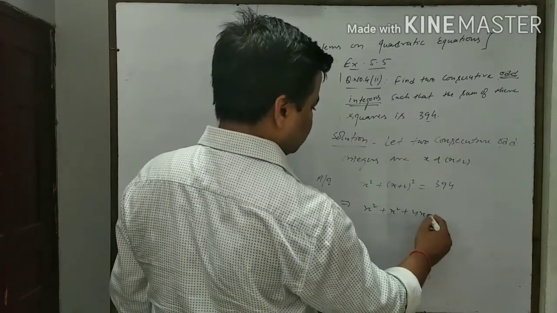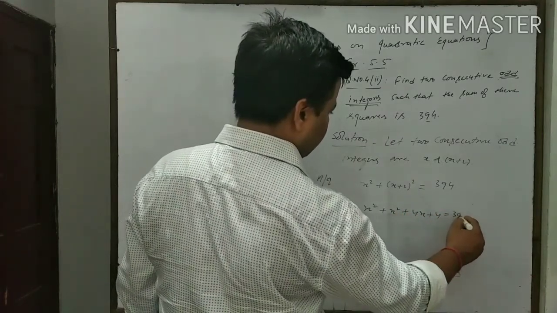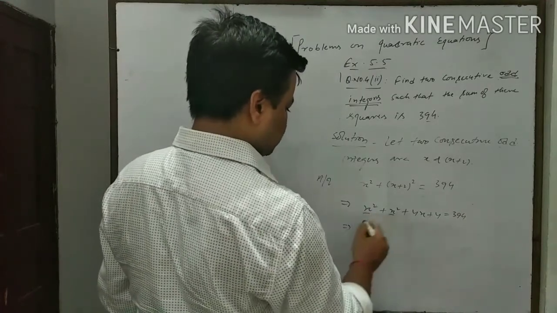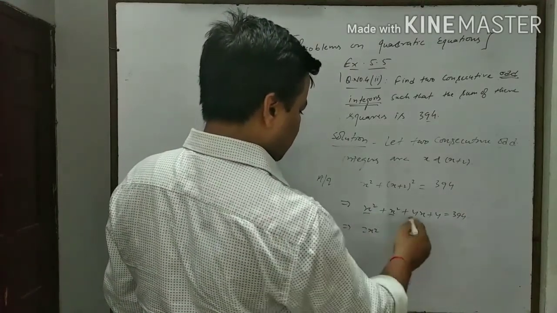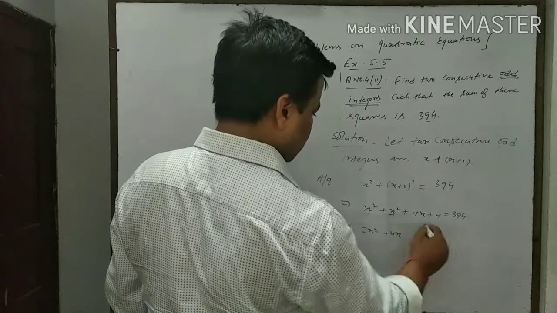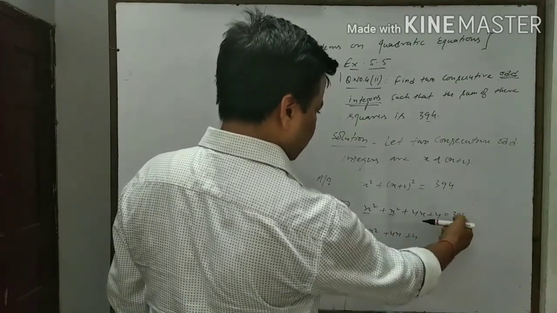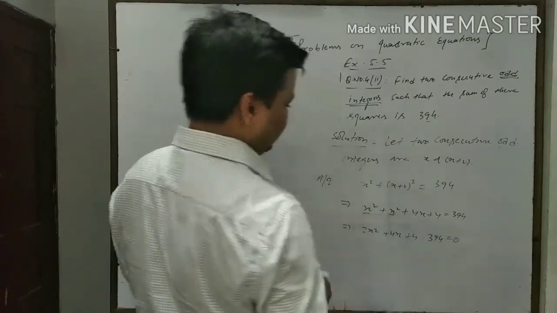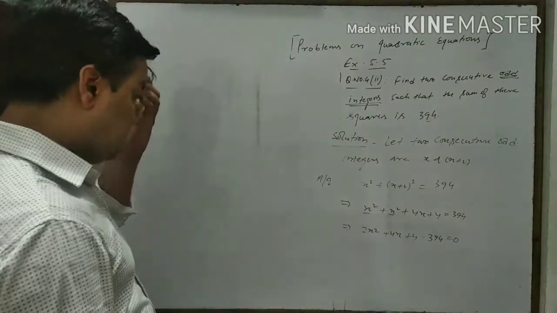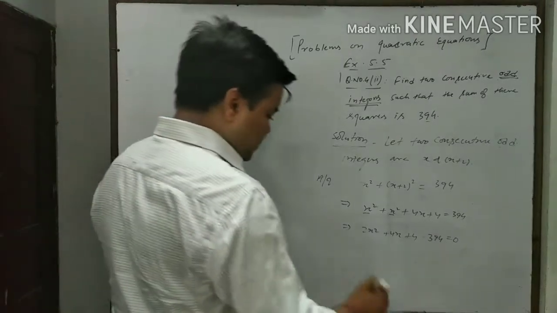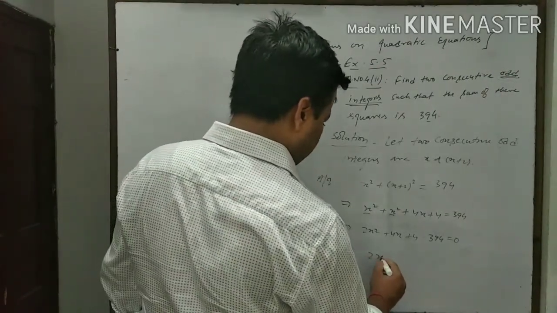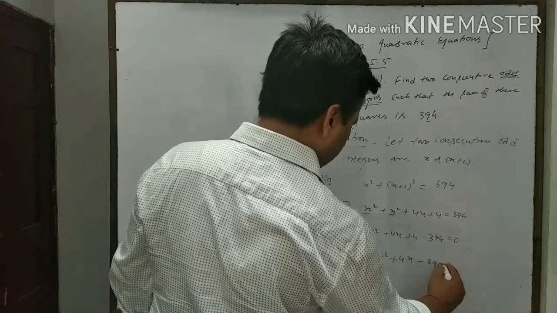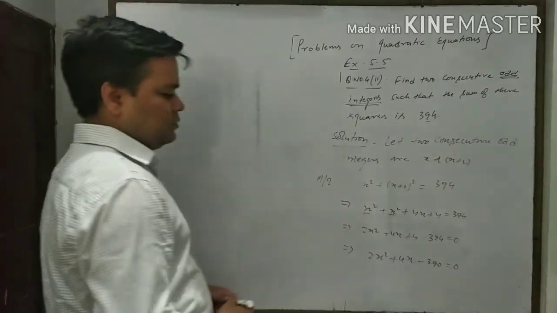It will be x square plus x square plus 4x plus 4 is equal to 394. So it becomes 2x square plus 4x plus 4, and if we take 394 to this side, minus 394 is equal to 0. Finally the equation takes this form: 2x square plus 4x minus 390 is equal to 0.